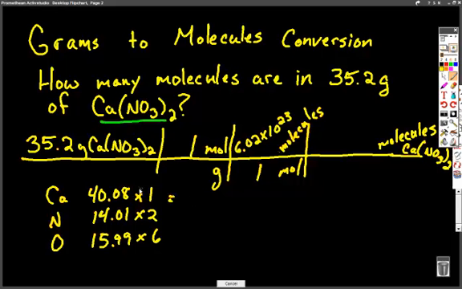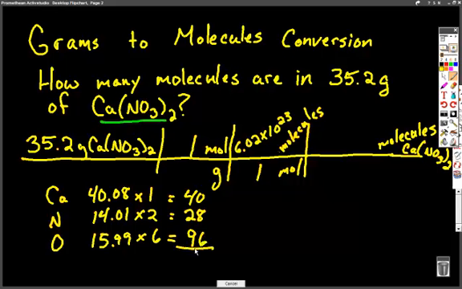So we're going to just round these off here. This is 40. This is going to be 14 times 2, which is 28. And this is going to be 16 times 6, which gives us a value of 96.